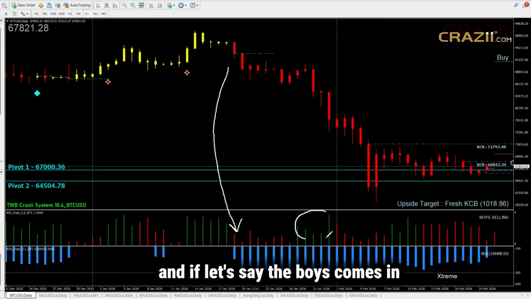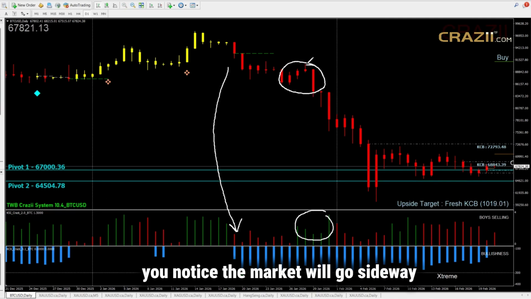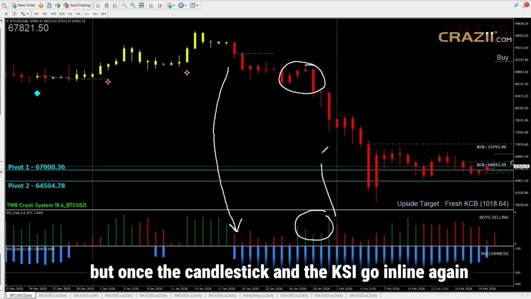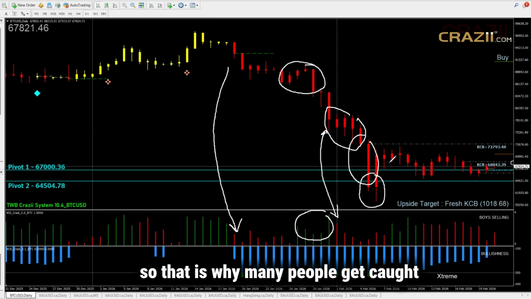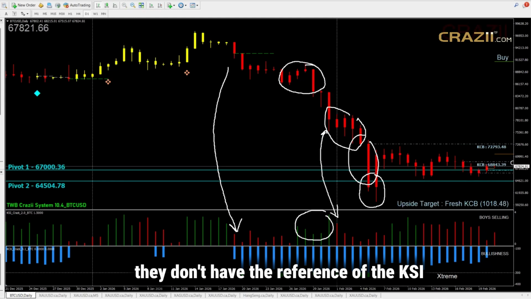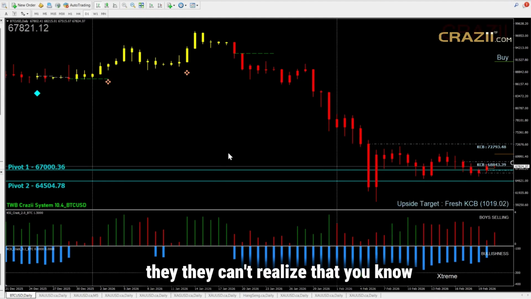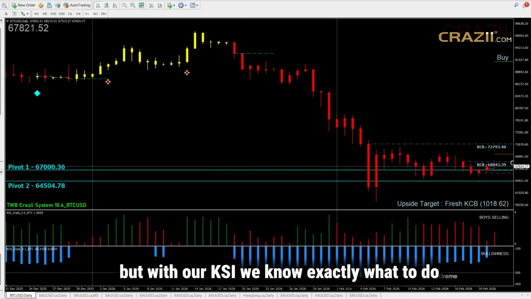And if the boys come in, you notice the market will go sideways. But once the candlestick and the KSI go in line again, the selling can be devastating. That is why many people get caught when they buy on the way down. They don't have the reference of the KSI, so they don't know what to do. But with our KSI, we know exactly what to do.